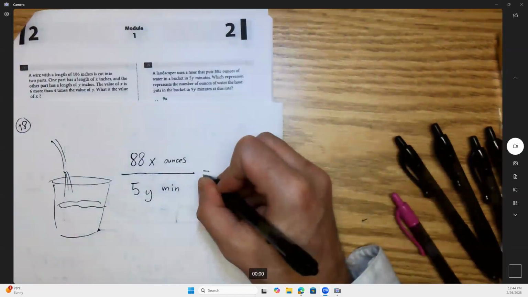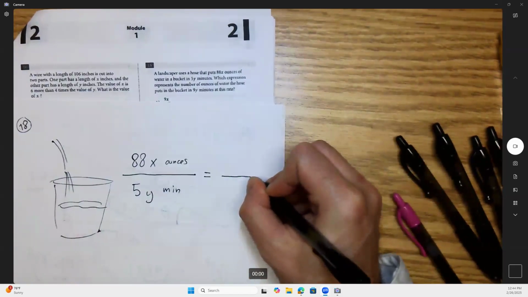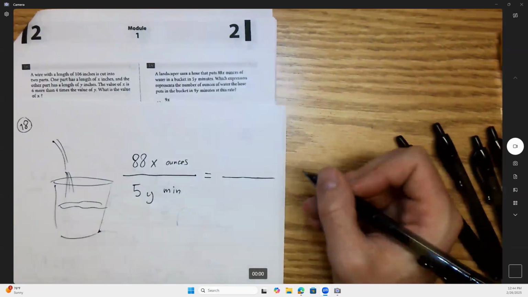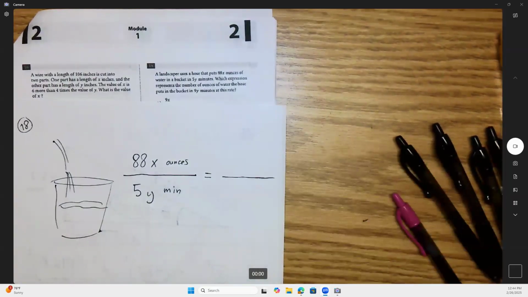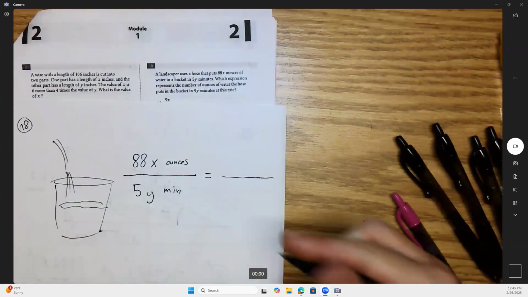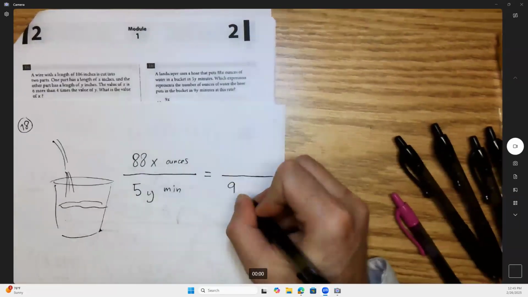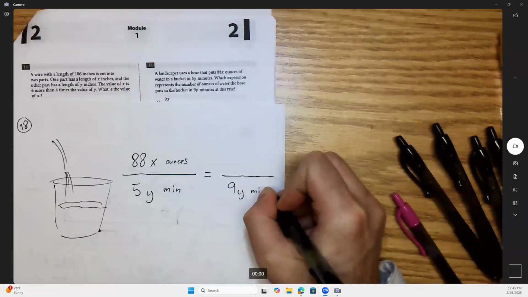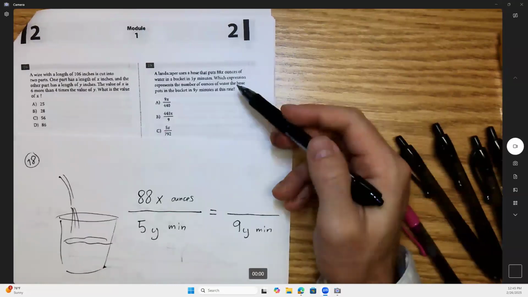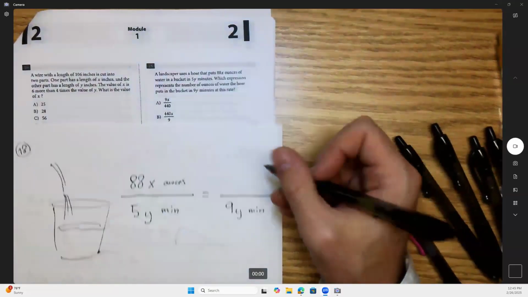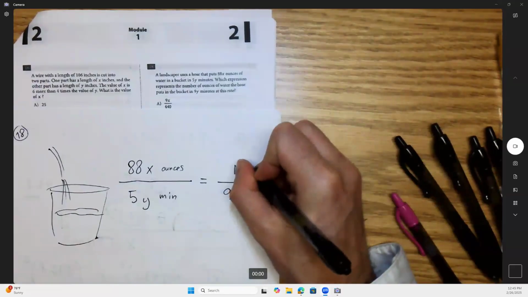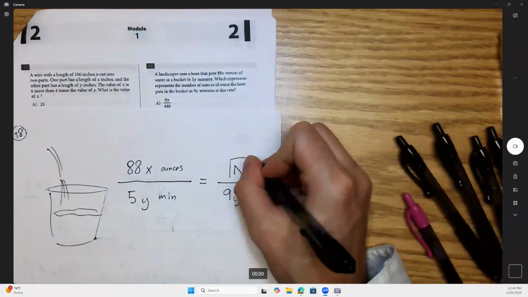Let's solve this with proportions. That proportion should be equal to a constant ratio. The hose is always filling up the bucket at that rate. I need 9y minutes, and we're solving for number of ounces. I'm going to use capital N for the number of ounces, and we're solving for that. You guys got that?